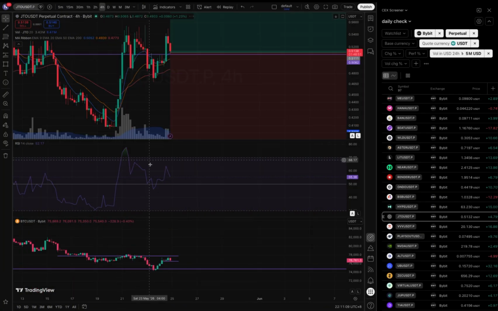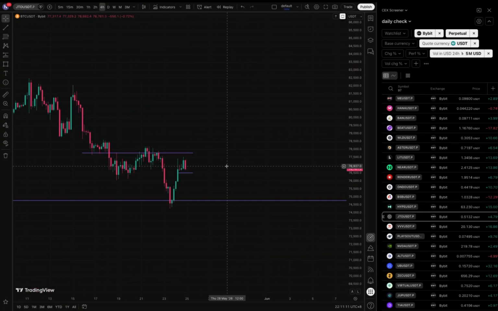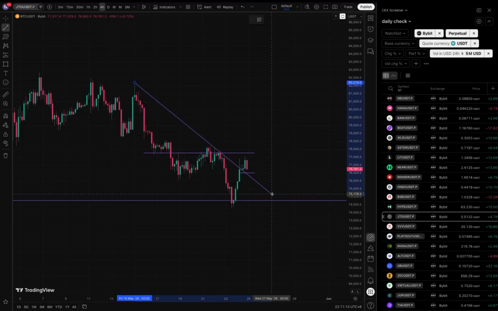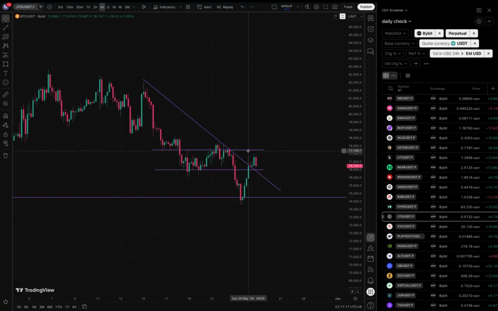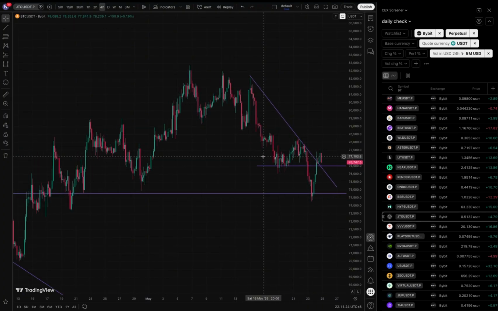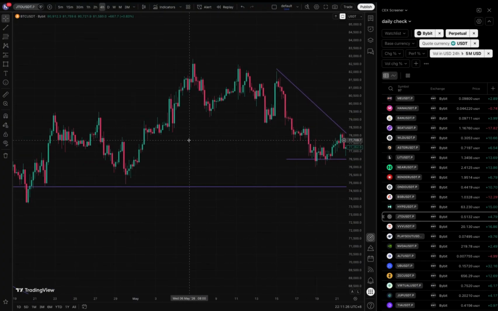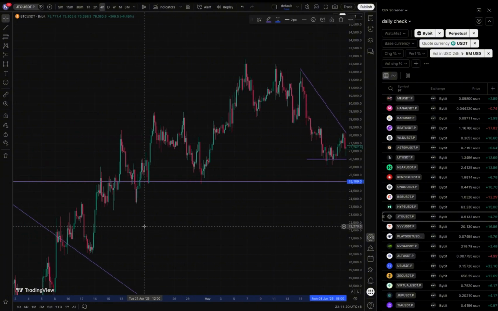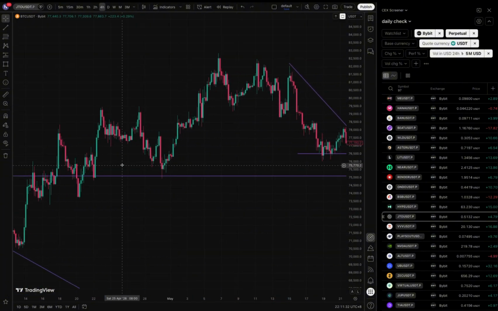Let's take a lower time frame, right? Let's take a look at the lower time frame here. There. See that? I think that's another setup right there. That's another setup for me. See this? Double top.